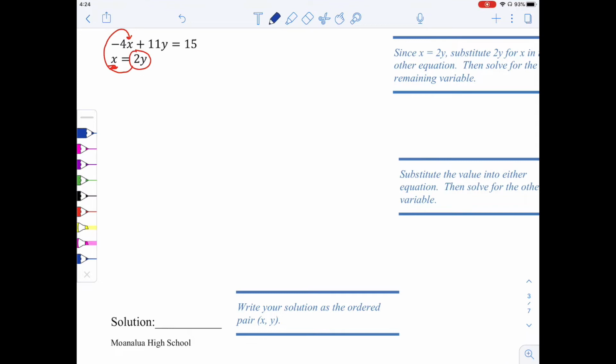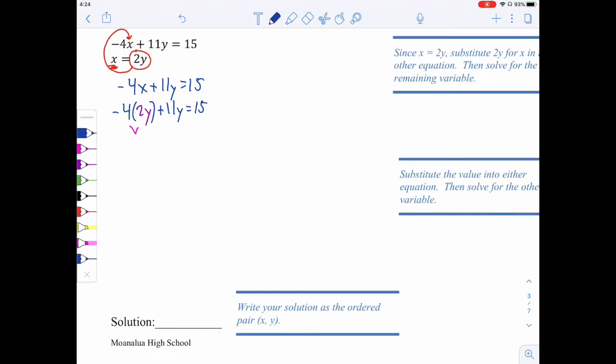All right, so we're going to rewrite this. Negative 4x plus 11y equals 15. And we're going to put negative 4, instead of the x, we're going to put 2y, and then bring everything else with it. And we calculate that out.